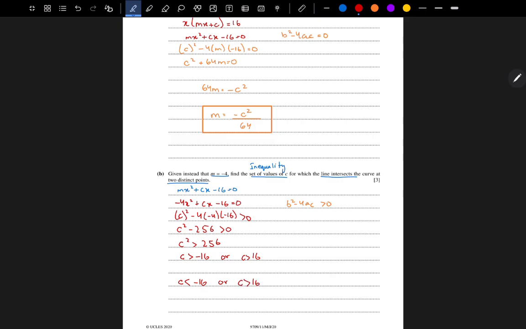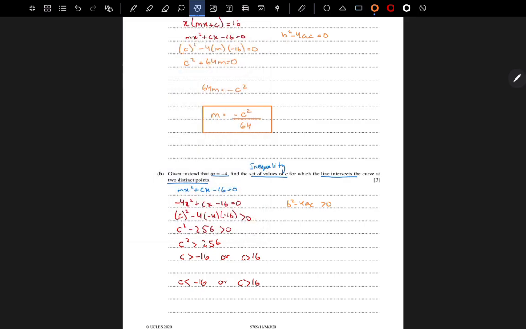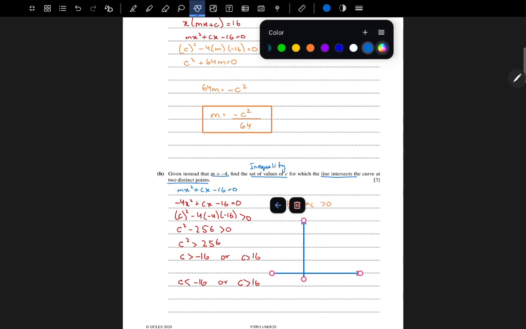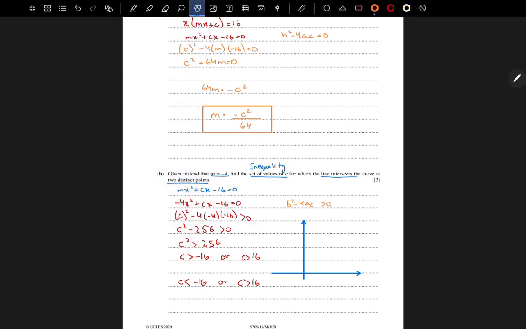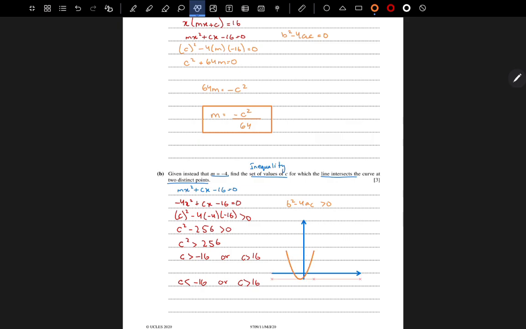We can also represent it on a graph. If we draw a graph, let's make a quadratic curve. And let's mark this as positive 16 and let's mark this as negative 16.